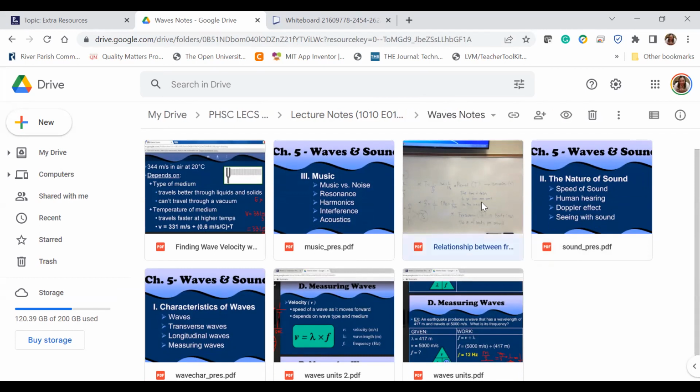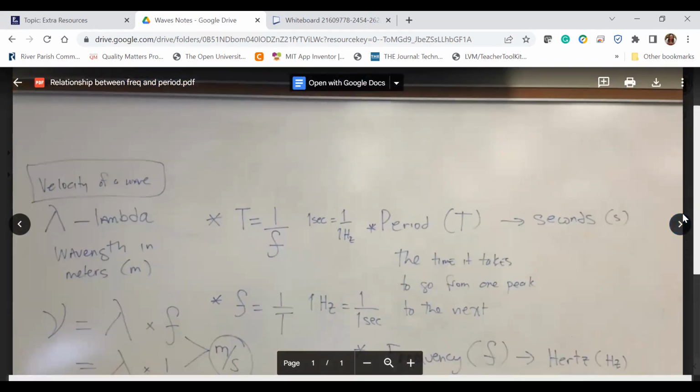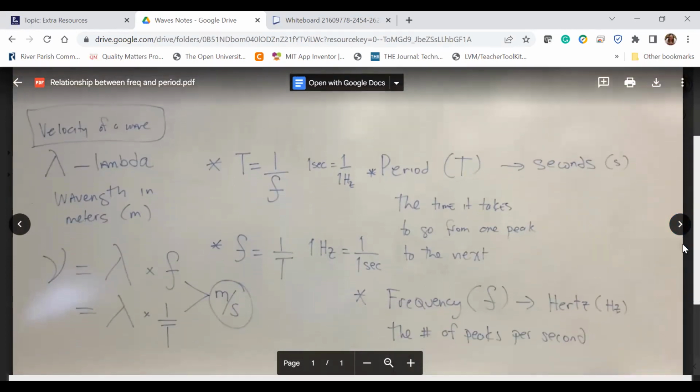The first slide item I want to bring up deals with the relationship between the speed, the wavelength, the frequency, and the period. So this formula that you see here deals with the speed of a wave. This V represents the speed of our wave. Our wavelength lambda, remember that upside down funny looking Y is lambda, that's a Greek letter.